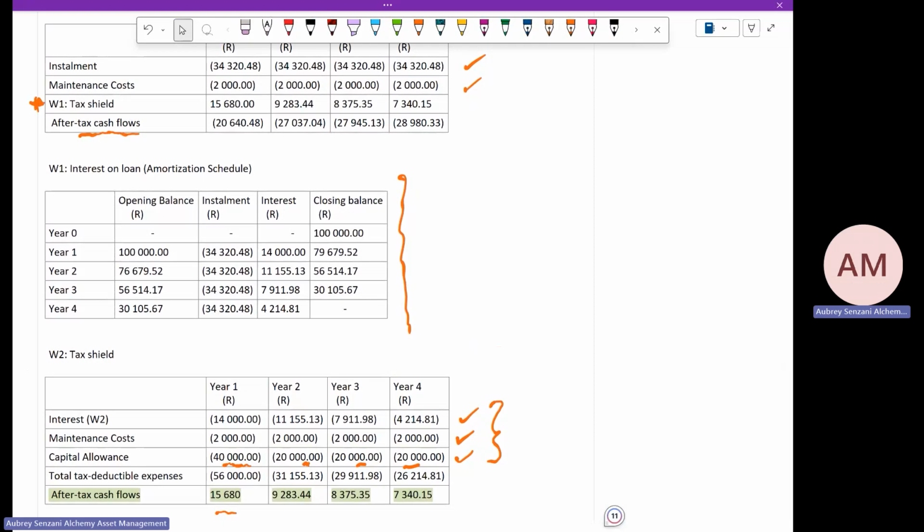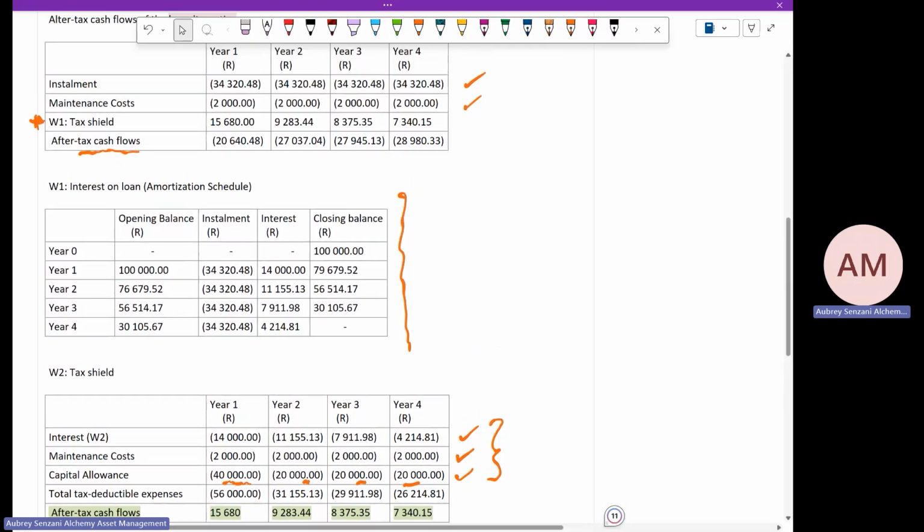Is that correct? 0.28 times 56. Yes. Okay, I'm getting the 15,600. So once you have that, can you see that's money that we are now basically getting? Can you see we made it a positive there?